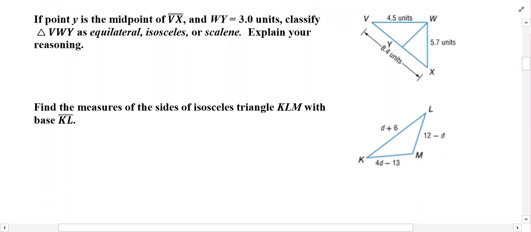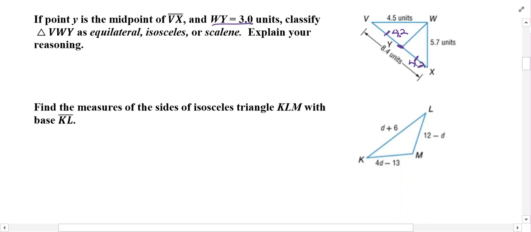The first problem says if point Y is a midpoint of VX. So Y right here is the midpoint of segment VX, which means that VY is congruent to YX, which means that the length of VY is 4.2 and the length of YX is 4.2.